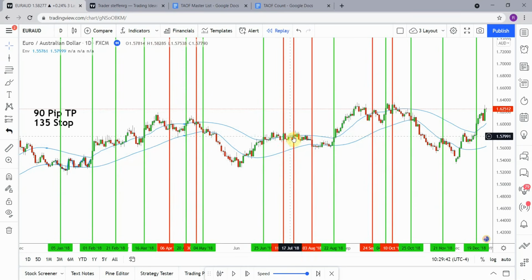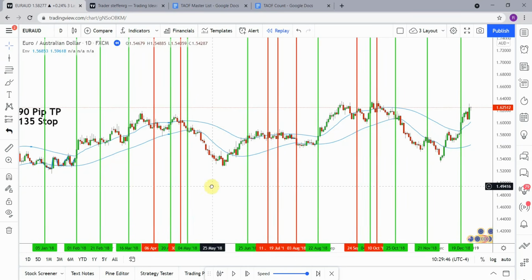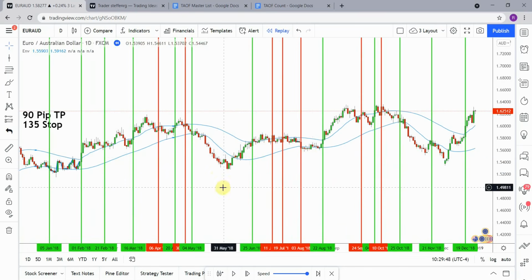Now, there are a few moments where that does happen in heavy consolidation right here, but for the most part, this kept you out of the market until the market was actually moving in a specific direction. So that's really kind of a valuable thing to have there. So yeah, this one's going to go on the yes list, and we will move on to the next indicator from here.